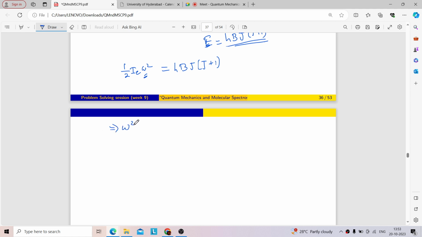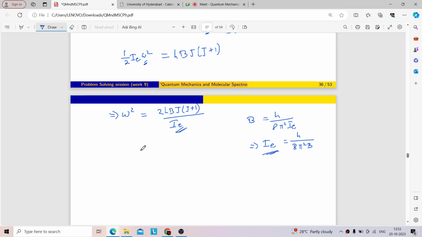This omega square will be 2hB times J into J plus 1 divided by I. You know the relation between moment of inertia and rotational constant: B is equal to h over 8 pi square I, or you can write I as h over 8 pi square B.